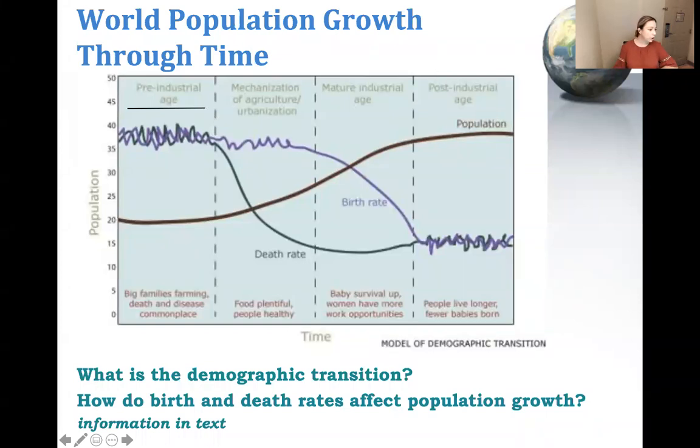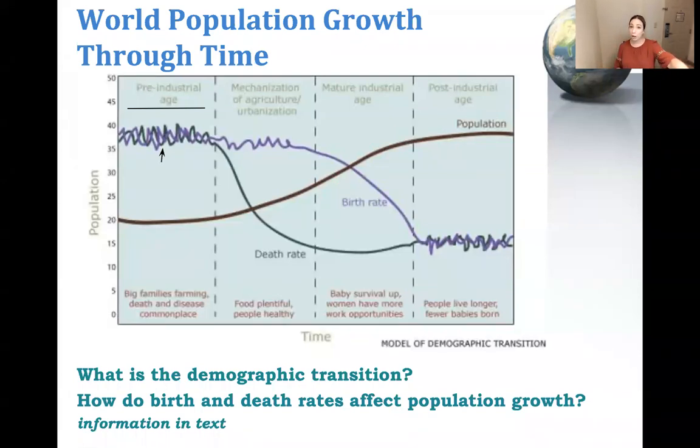Now, if you look at birth and death rates, okay, they're right here. There's a lot of births, but there's also many people dying. So the birth rate is not increasing, the death rate is not increasing, it is leveled off. So when you see a straight line like that, it means the rate is not increasing or decreasing, it is staying the same.